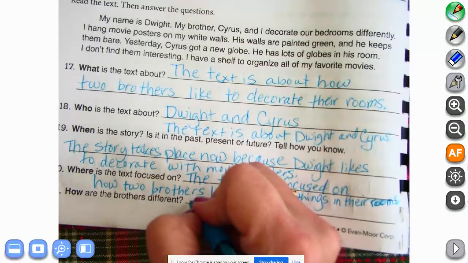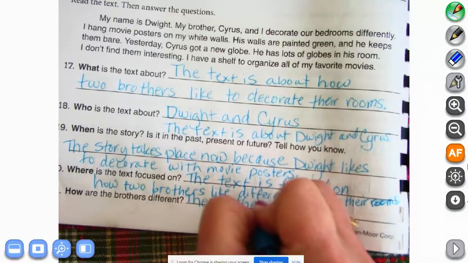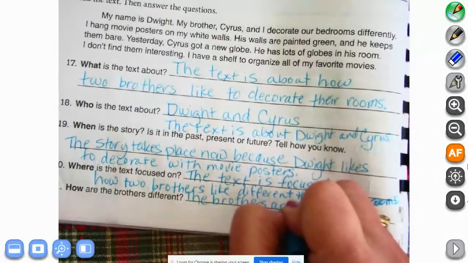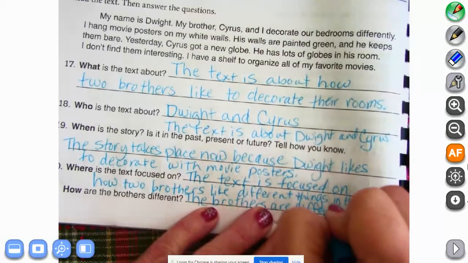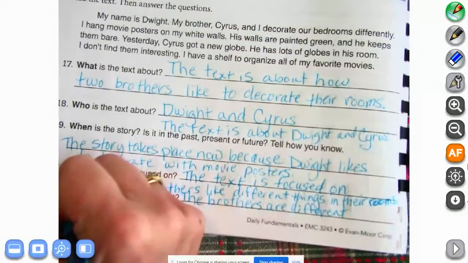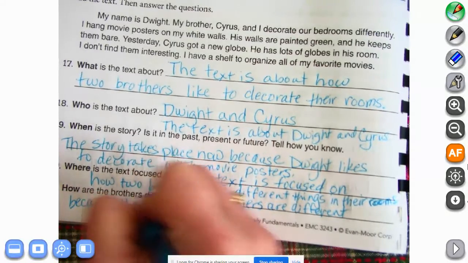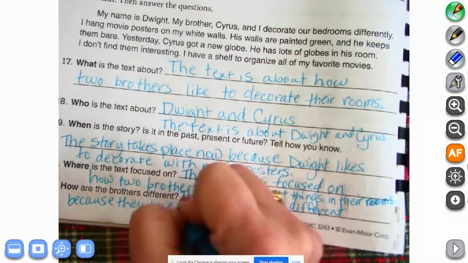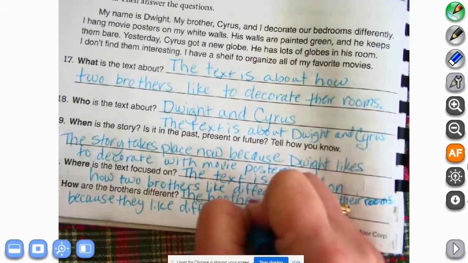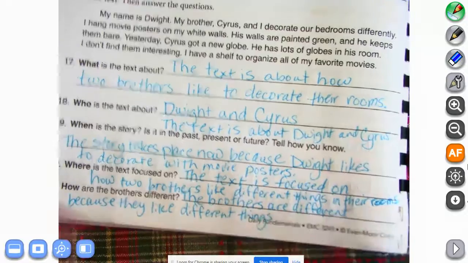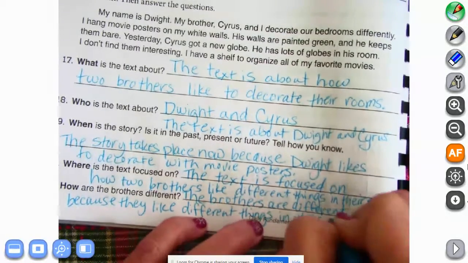Okay. The brothers are different because they like different things in their rooms.